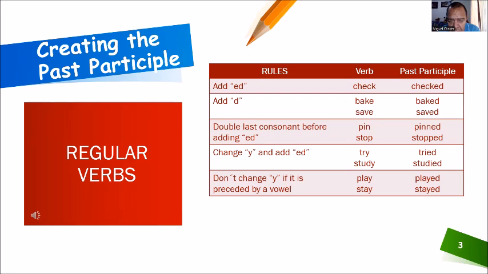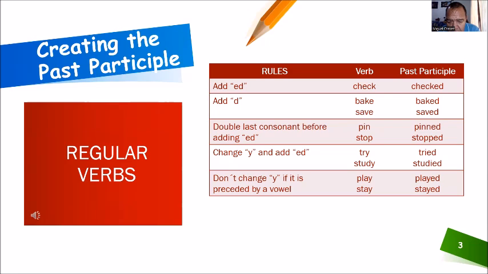If the verb ends in e, only add d. For example, bake becomes baked, and save, saved. If the verb ends in a consonant-vowel-consonant pattern, double the last consonant before adding -ed. For example, pin becomes pinned, and stop, stopped.